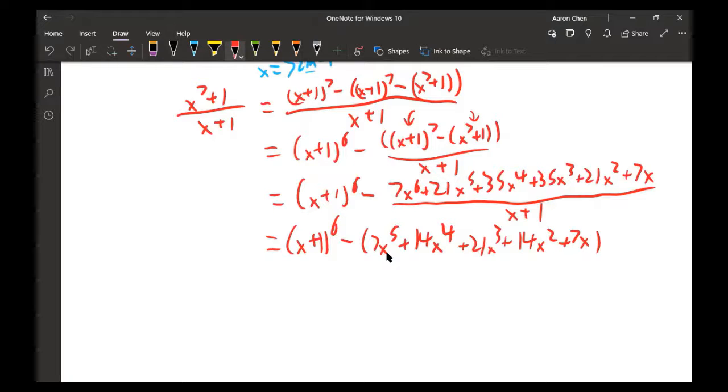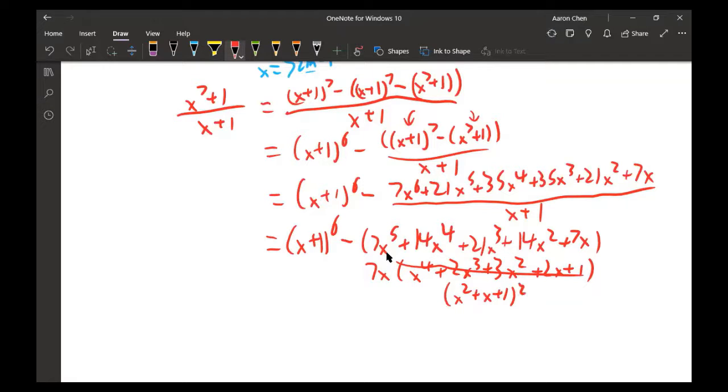And so we can factor out a 7x here, which would bring it down to 7x times x to the 4th plus 2x cubed plus 3x squared plus 2x plus 1. And now this can be shown to be equal to x squared plus x plus 1 squared.